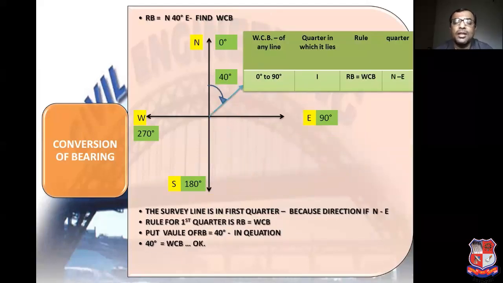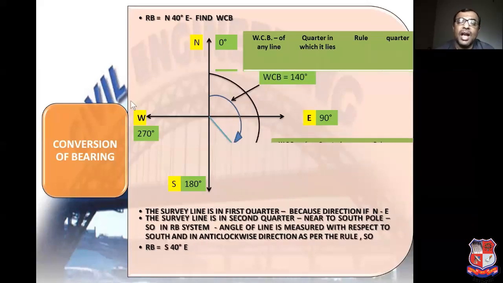Now let us see the reverse case. If the value of RB is given and you want to convert it to WCB. Let us say RB is equal to north 40 degrees east. Find the value of WCB for this value of RB. Northeast means you have to concentrate on the quarter. Northeast means quarter number 1, as per the table we discussed previously.